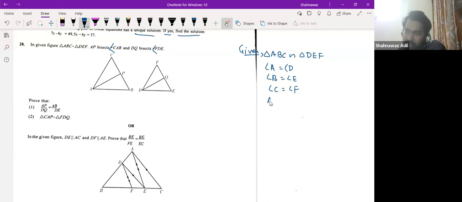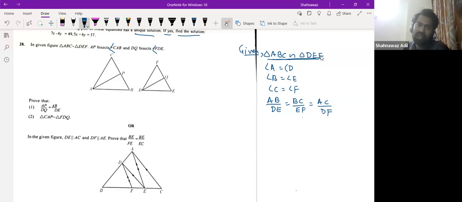And then we can also write AB by DE is equal to BC by EF, which is equal to AC by DF. These are the things that we can infer if these two triangles are similar.